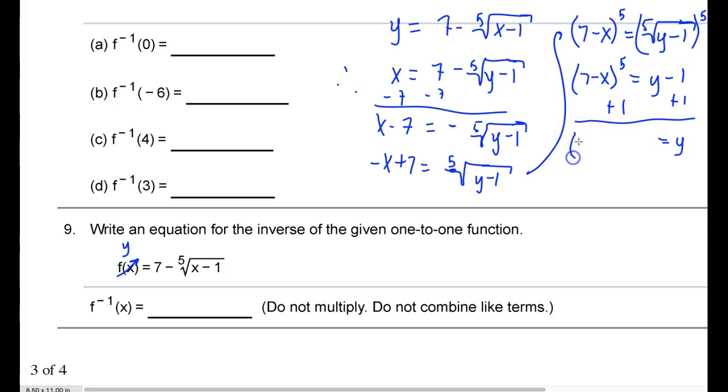And we'll end up having 7 minus x, all that raised to the 5th, plus 1. And this is what our inverse function will look like. So our answer here will be 7 minus x, all that raised to the 5th, plus 1.